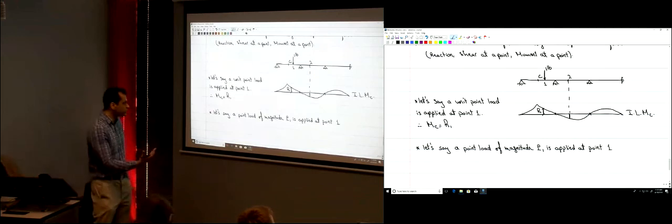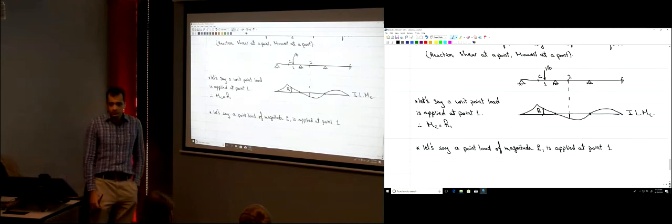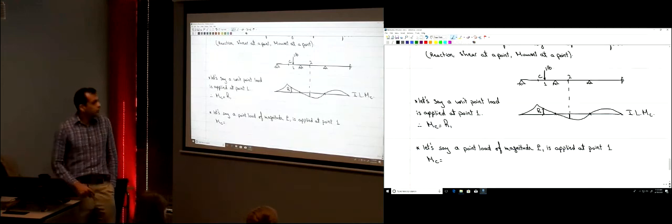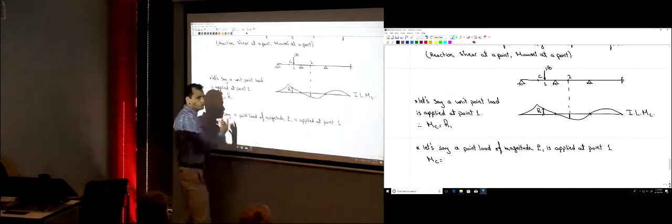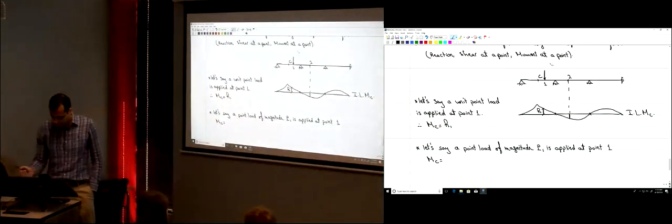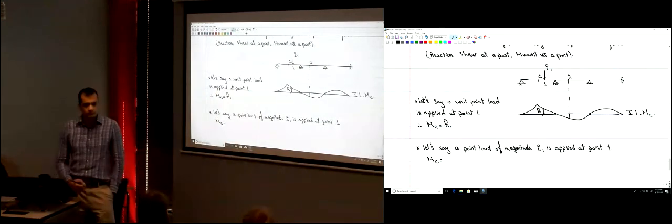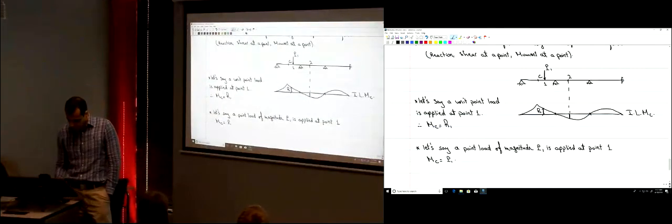Can you still use the influence line to find how much MC is? If there was just 1 pound here, MC was H1. Now it's not 1 pound, it's P1. So how much would MC be? P1 times H1.